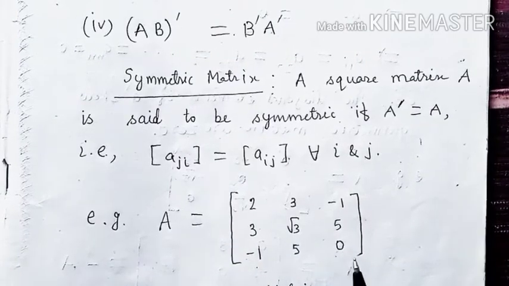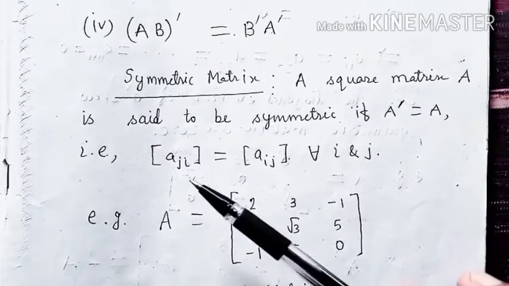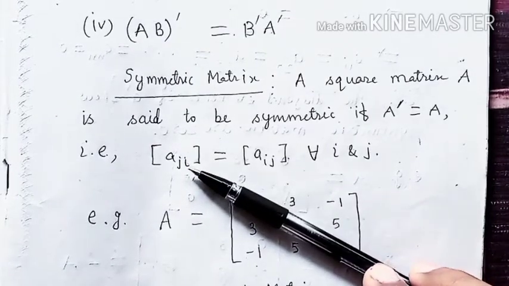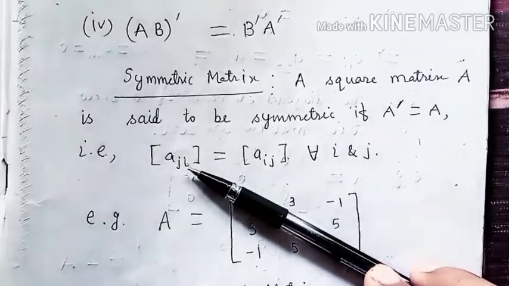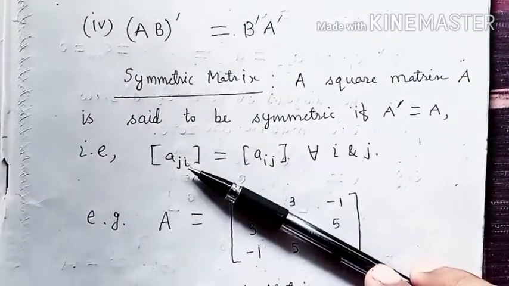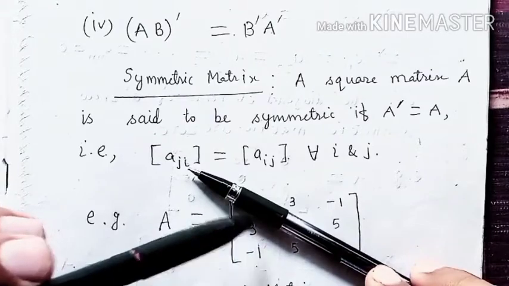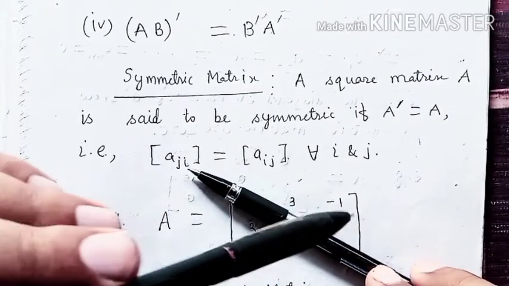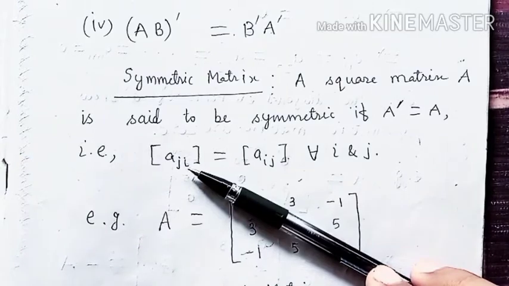We can say that here elements are mirror images across the main diagonal. We can see that 3 and 3, minus 1 and minus 1, 5 and 5. In case of symmetric matrix, such property exists.